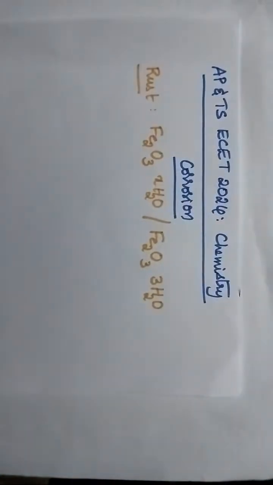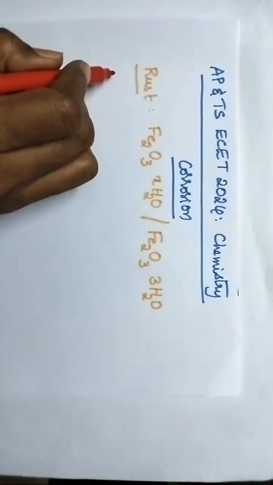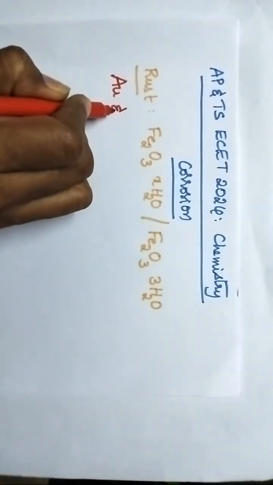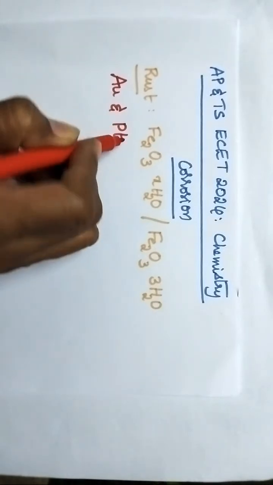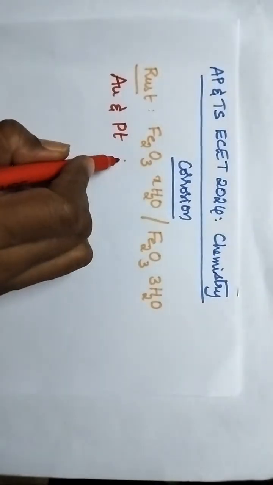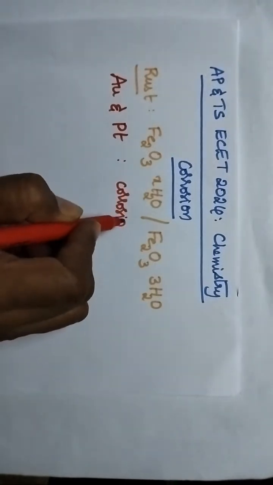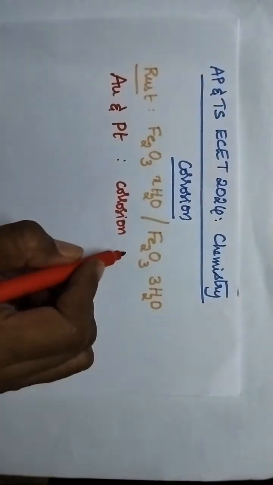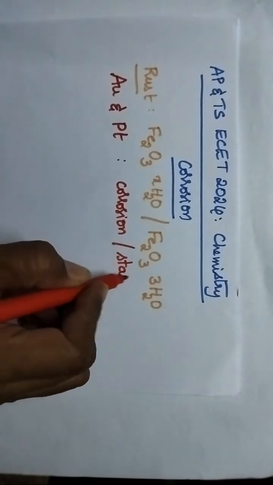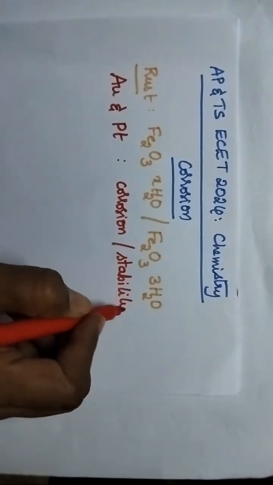Except noble metals, that means except gold and platinum, all other metals undergo corrosion. In order to attain stability, these metals undergo corrosion.